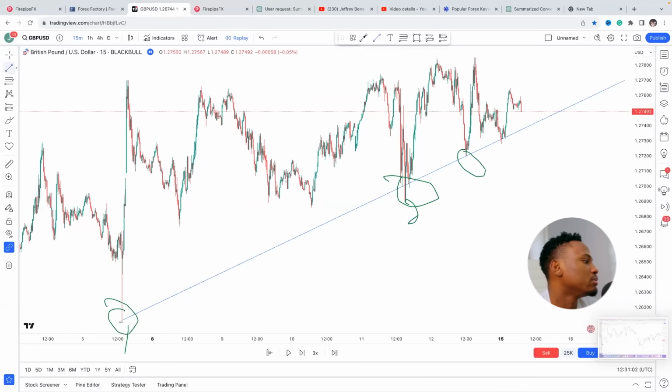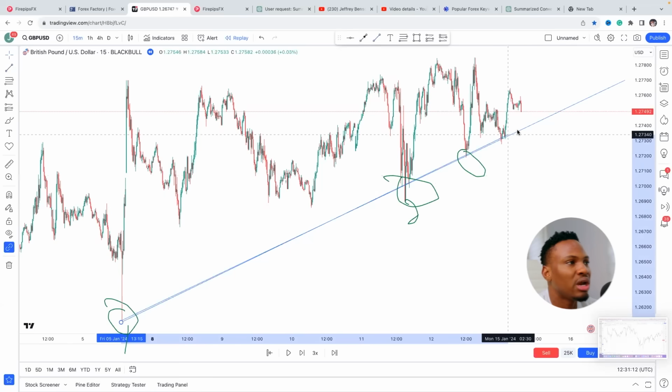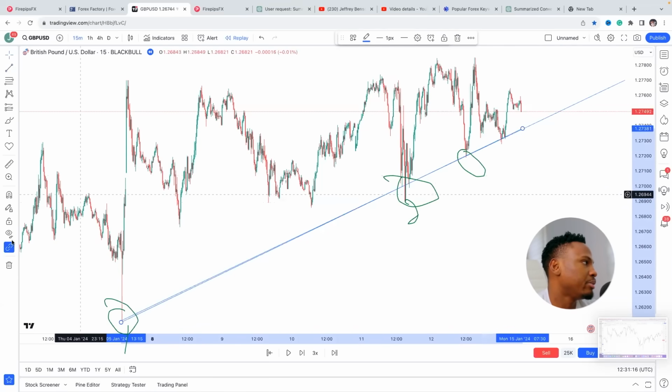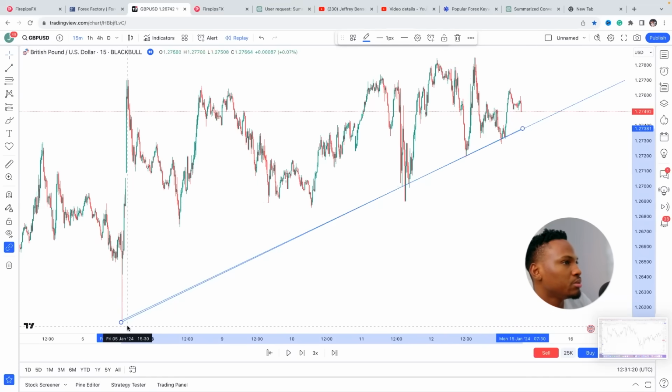Just start from the bottom of the shadow, which some people also call the wick, and you leave it here. As price progresses, you want to make sure it touches as many levels as possible. Your question would be, should the trend line touch the body of the candle or the wick? It depends on where it is touching more levels.